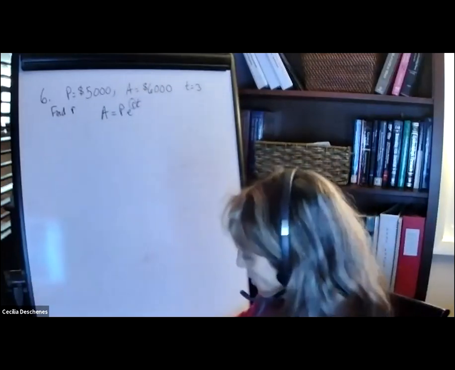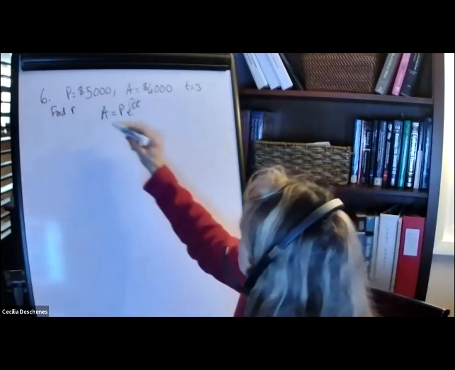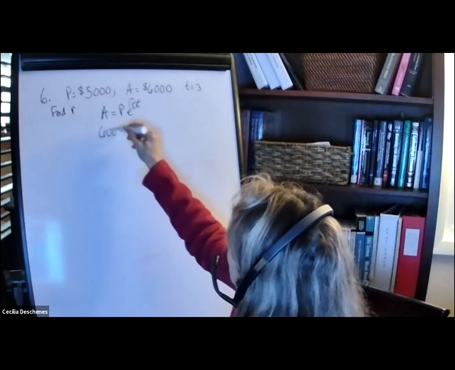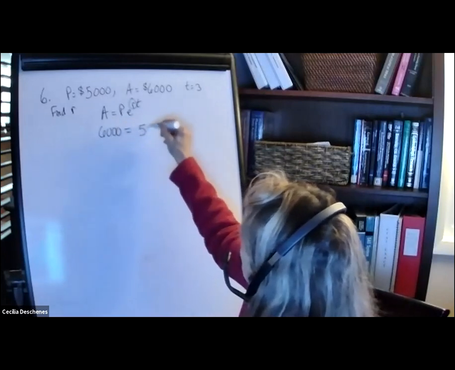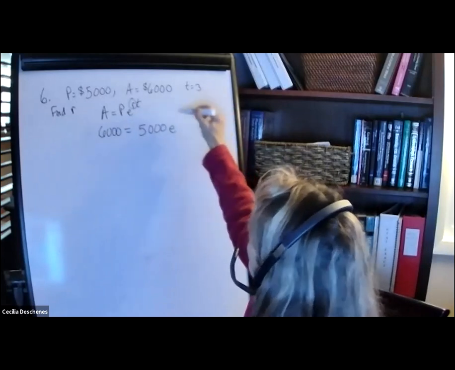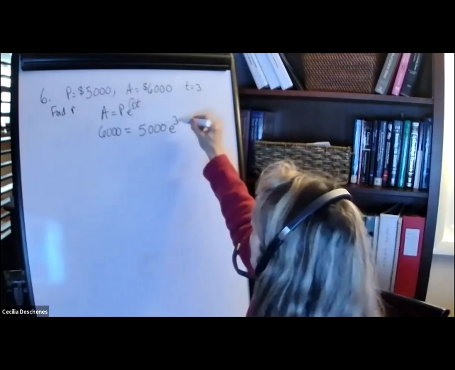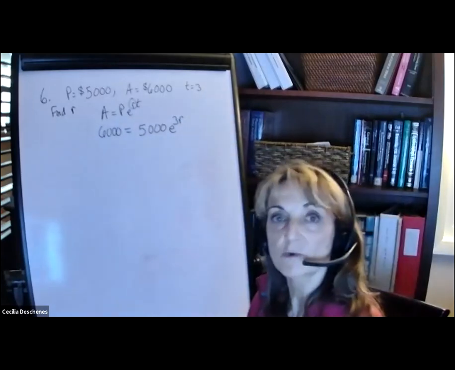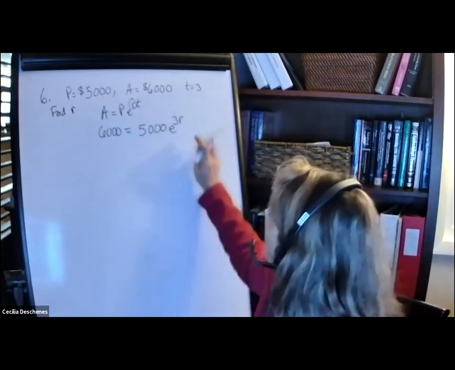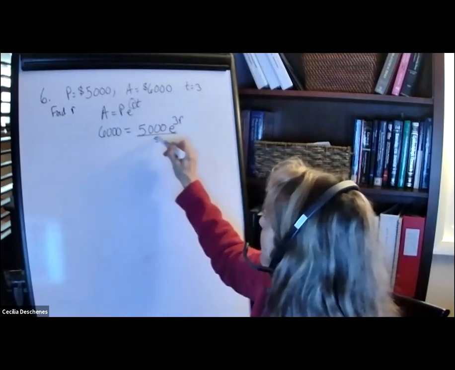So let's put in what we know. We have a 6,000 amount, starting with a principal of 5,000, times e to the 3r. I'm just going to put the number in front of the variable, that's the common practice. So now we need to solve for this r. Let's divide both sides by 5,000.